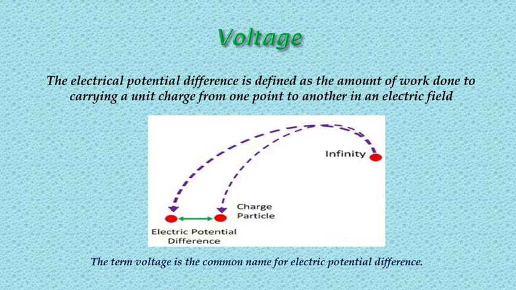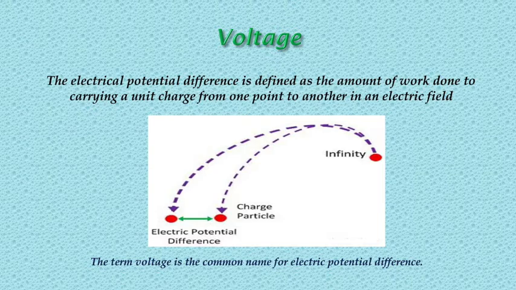Keep in mind that whenever a voltage is quoted, it is understood to be the potential difference between 2 points. For example, every battery has 2 terminals and its voltage is the potential difference between them.